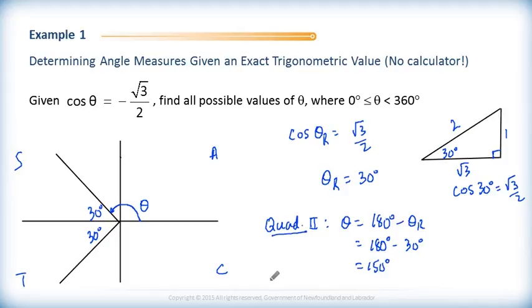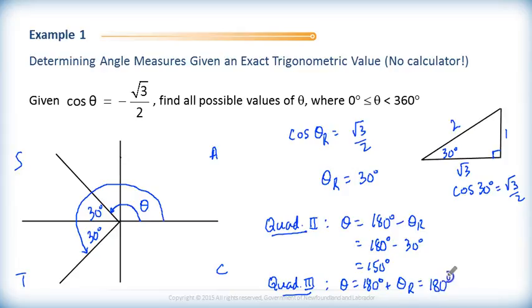For quadrant 3, let's work on that one. Theta rotates past the 180 degree line, so theta equals 180 plus the reference, 180 plus 30, which is 210 degrees.